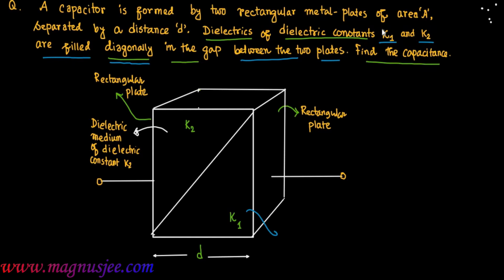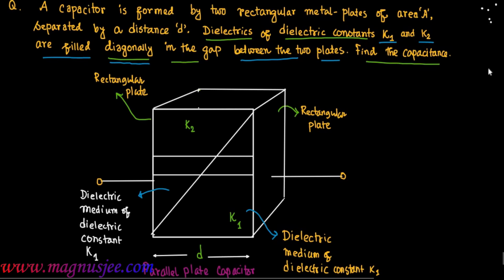We can denote another dielectric medium of dielectric constant K1. And these two dielectric media are placed diagonally between the two rectangular plates.